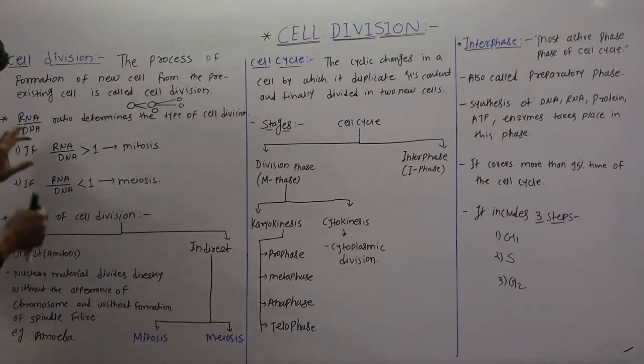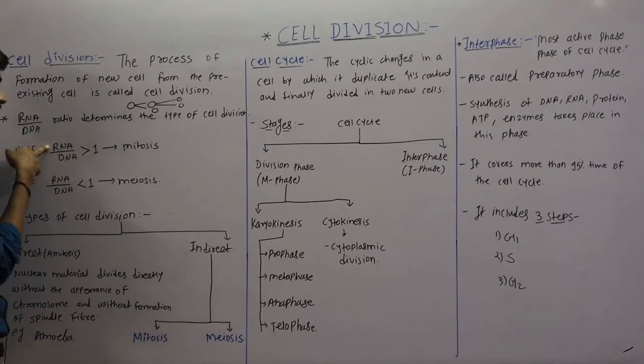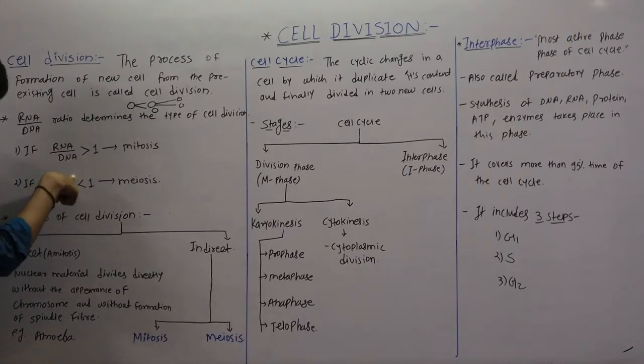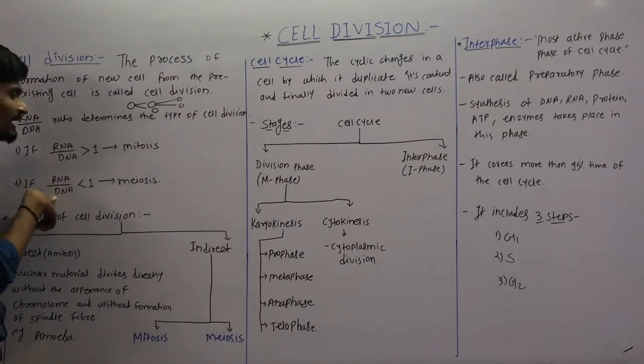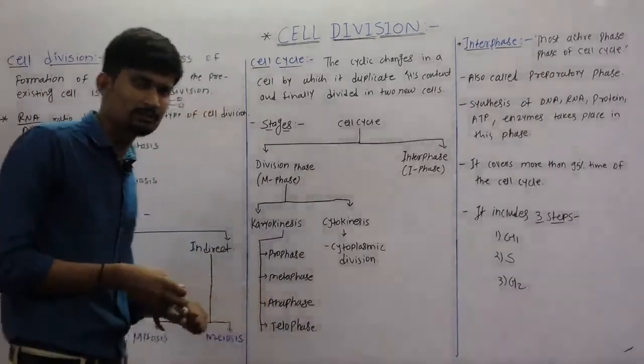More than 1 means the RNA content is high and DNA content is low, that is why it will undergo mitosis. And here RNA content is low and DNA content is high, so it will undergo meiosis, and it will produce 4 cells.